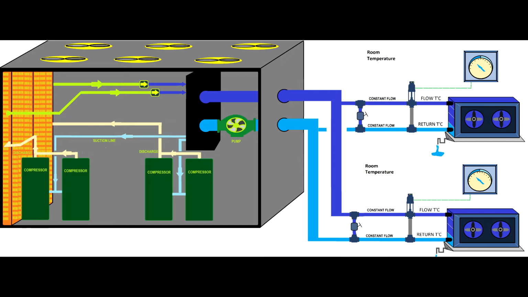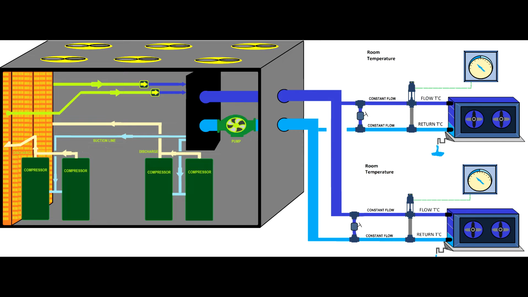Now, this is the refrigerant circuit. The refrigerant wants to make that plate heat exchanger very, very cold. But the water, I mean the glycol, normally we use glycol, is circulating through that plate heat exchanger and it balances the temperature. It is not allowing the refrigerant to get very cold because the water gets cooler.